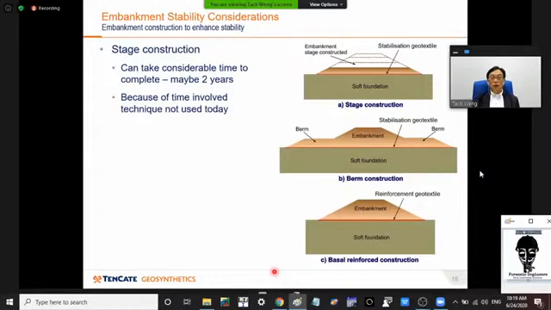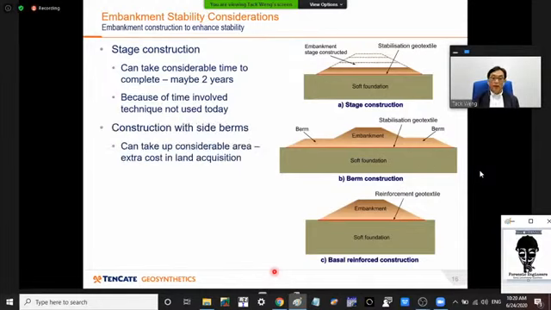Wait until the soft soil consolidates and gains in shear strength, then add on another layer. But this construction method takes a long time for the embankment to complete, maybe 2 years or more. And construction times these days make this construction method somewhat obsolete.